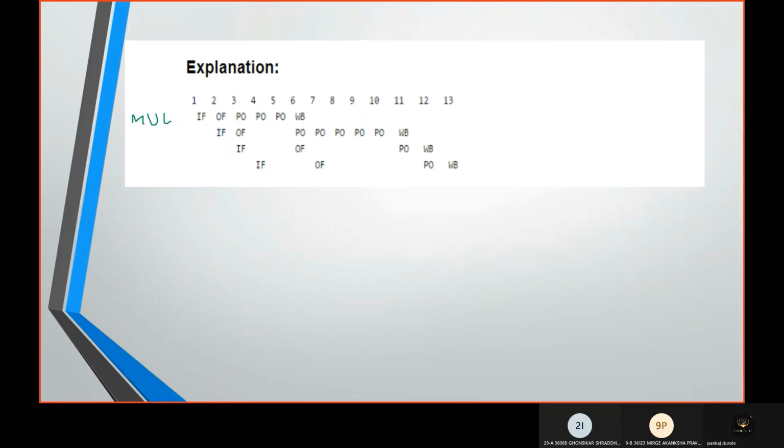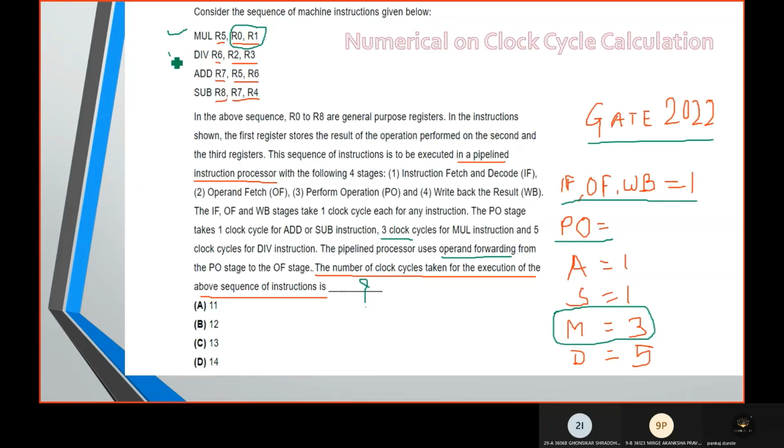Next, after multiplication, I have another instruction, that is division. For division, again instruction fetch, operand fetch and write back take 1 clock cycle, and the perform operation stage takes 5 clock cycles.